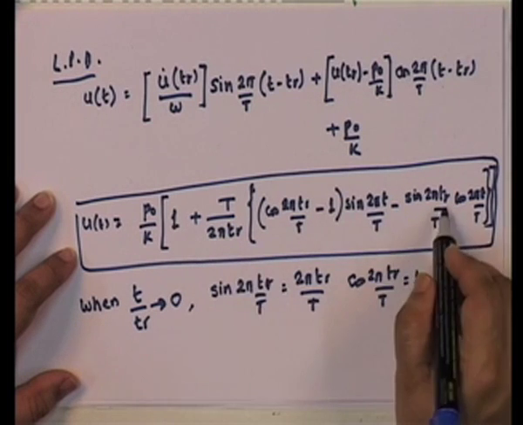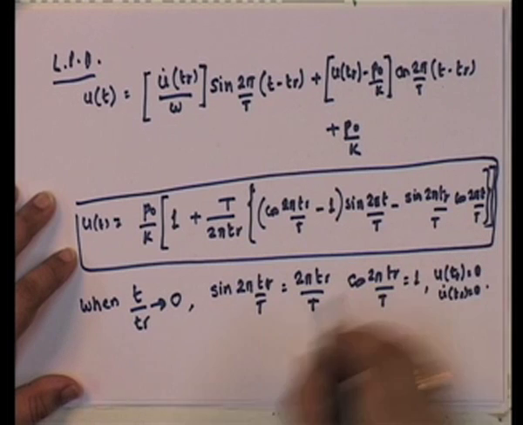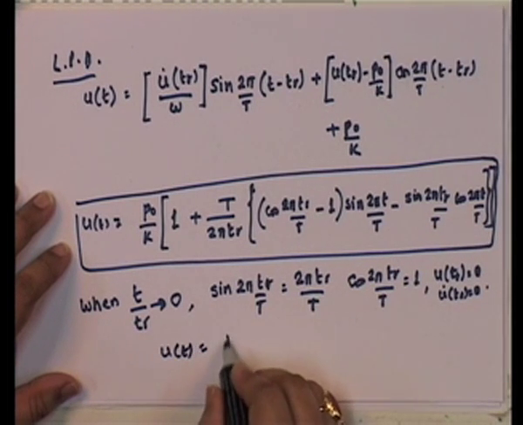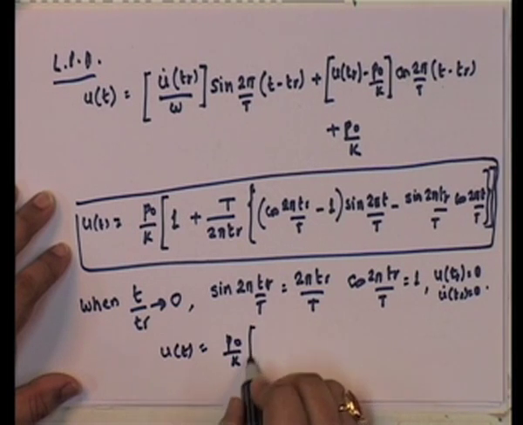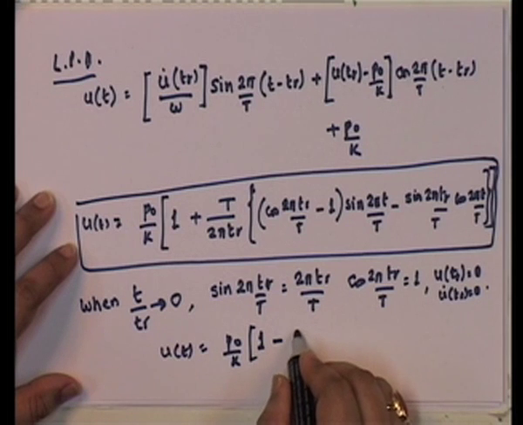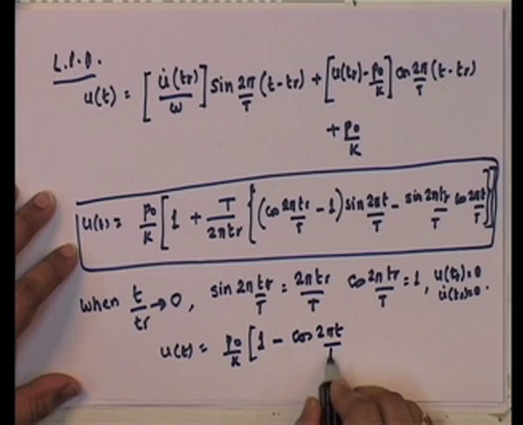So, this is cancelled with that, and so what I have is 1 minus. So, my u of t becomes P naught upon k into 1 minus cosine 2 pi t by T.